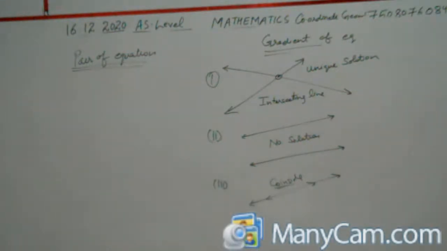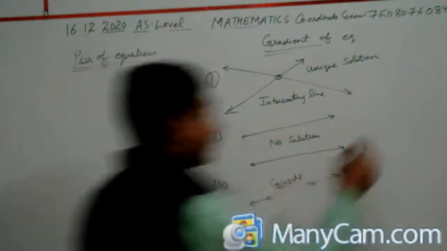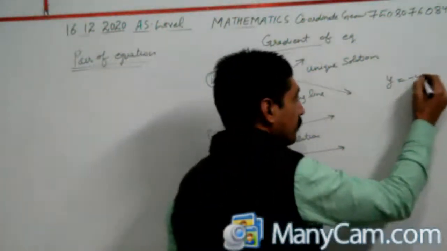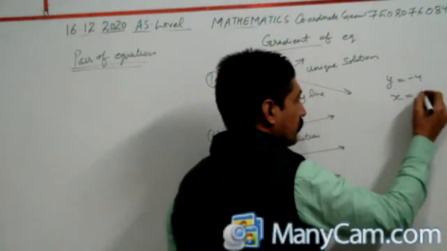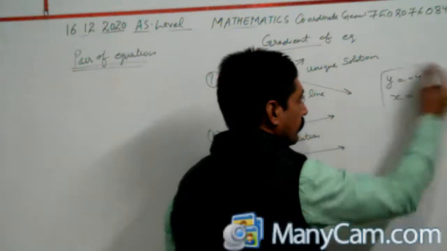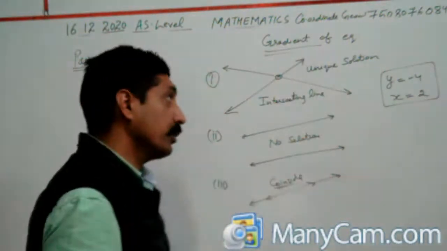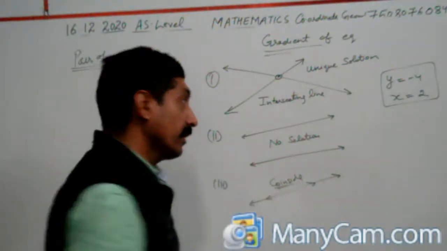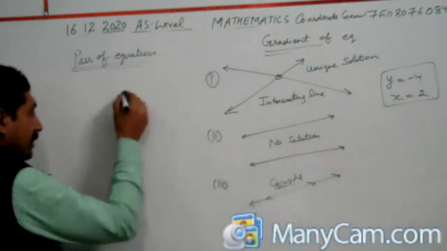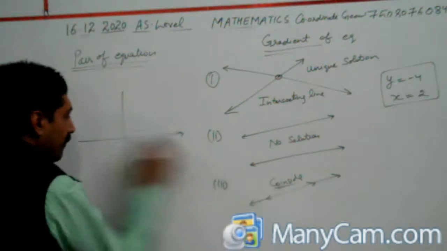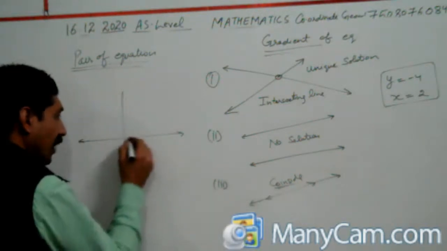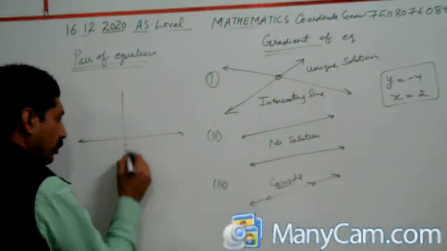So here are some examples I am writing. Some pair: y is equal to minus 4, x is equal to minus 2, or x is equal to 2. What about this pair? y is equal to minus 4 and x is equal to 2. If we have a graph, y is equal to minus 4, 1, 2, 3, 4.